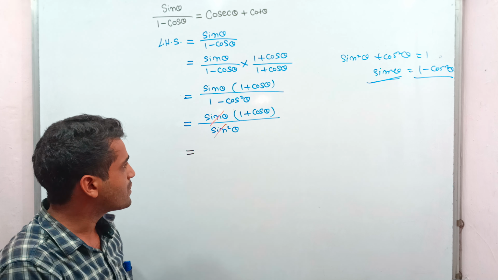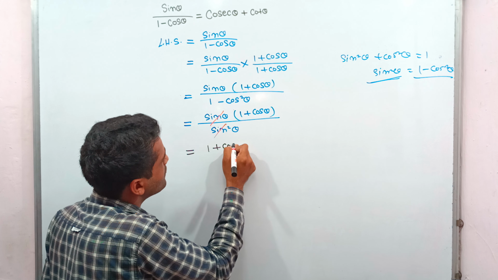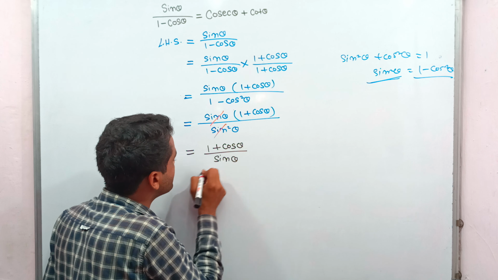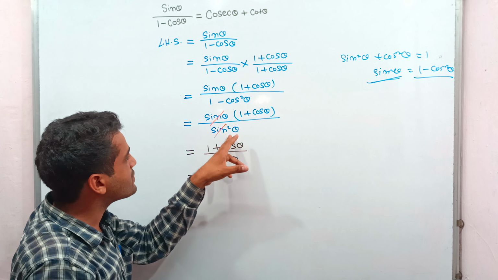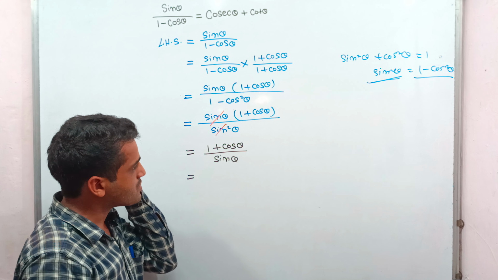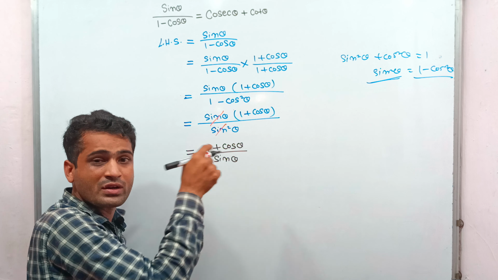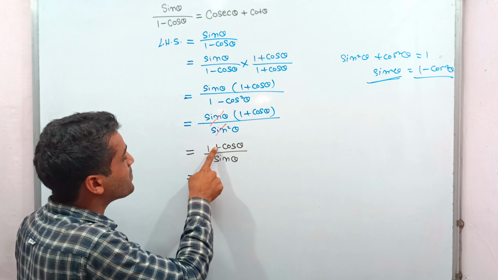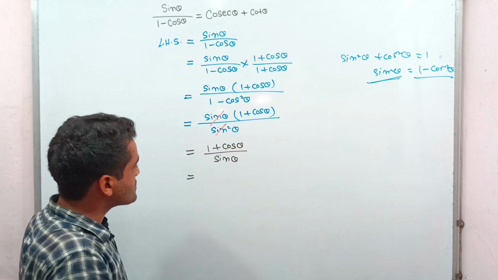Our next step will be like this: 1 plus cos of theta upon sin of theta. Sin theta has not come from my home. We solved it in our last step: sin cancelled with sin, but there were 2 sin, so 1 sin has remained there. Therefore write sin theta here. And 1 plus cos theta is over sin theta.